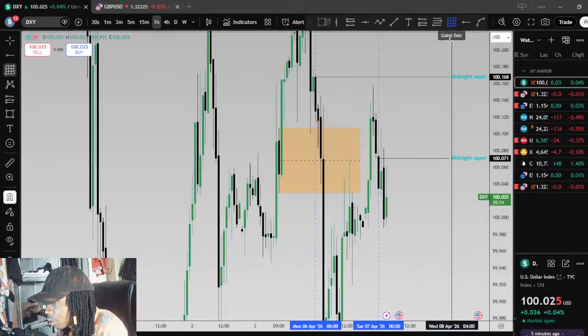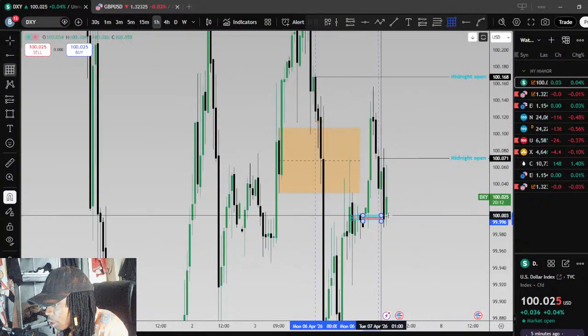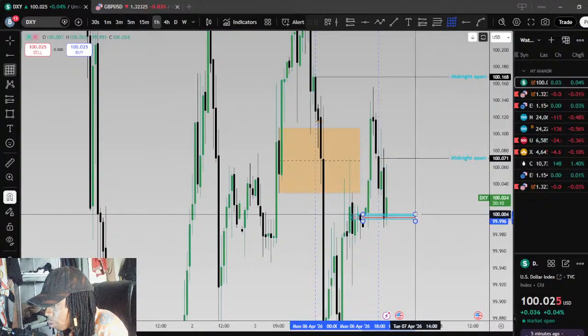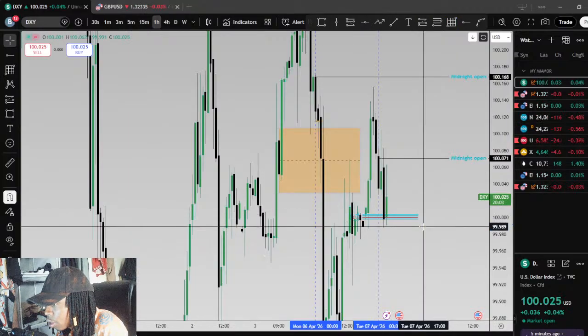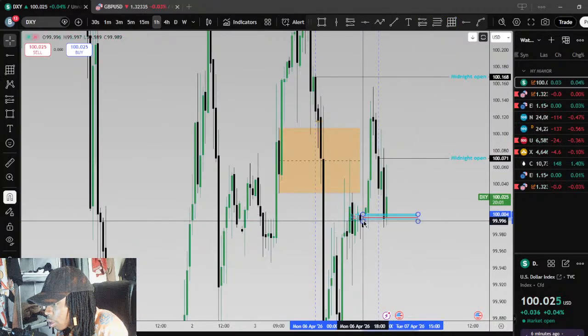DXY. Going to factor in this volume. The open. Okay. Going to factor it in.